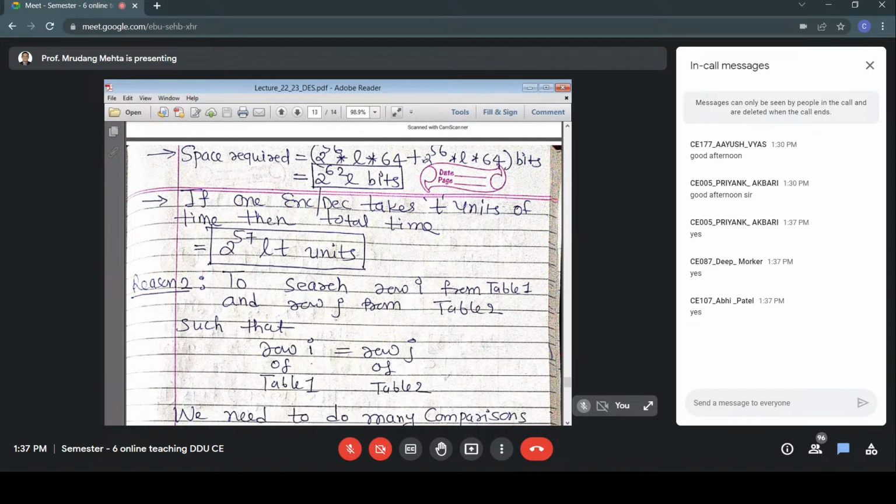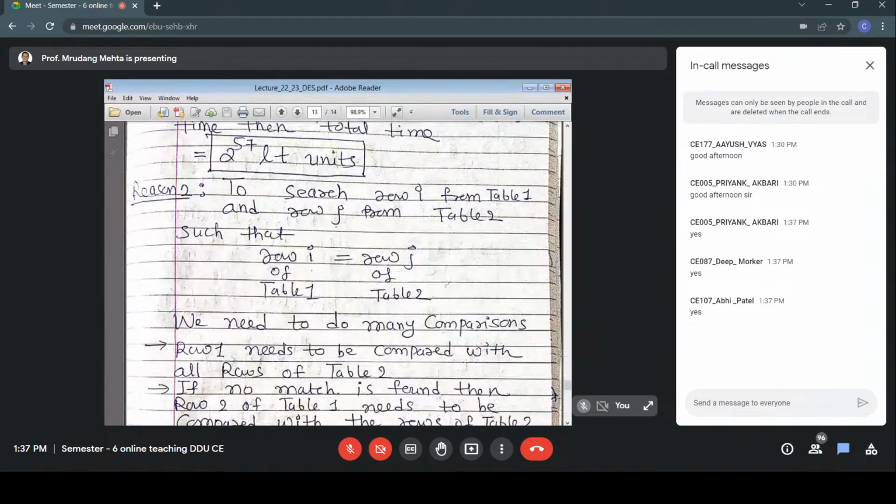This is equal to 2 raised to 57 into L into 64, and 64 is 2 raised to 6, so 2 raised to 63 into L. So if encryption and decryption takes t units of time, then we need 2 raised to 57 into L into t units. Okay. So this is the time requirement. So this is a huge amount of time.